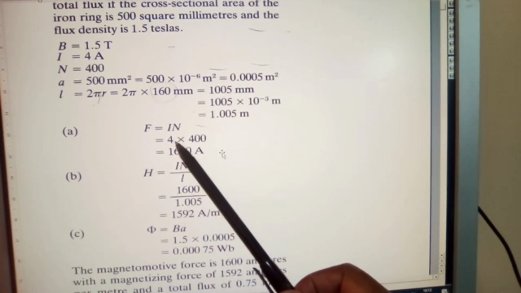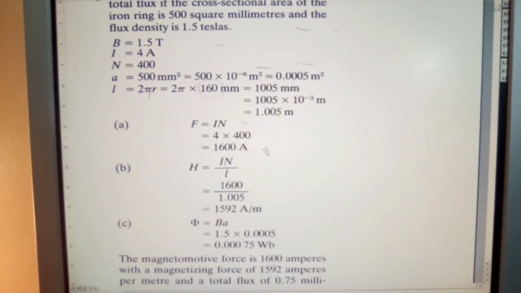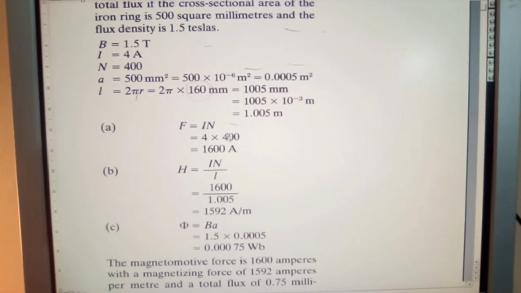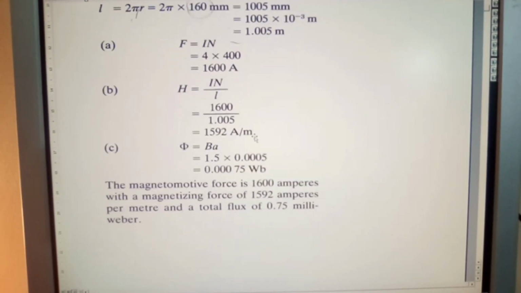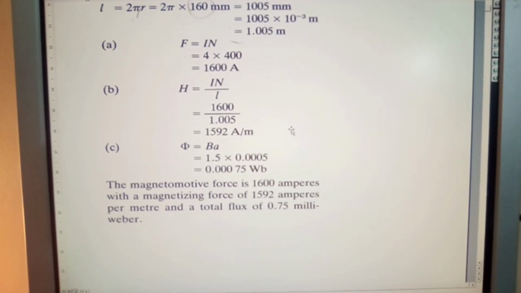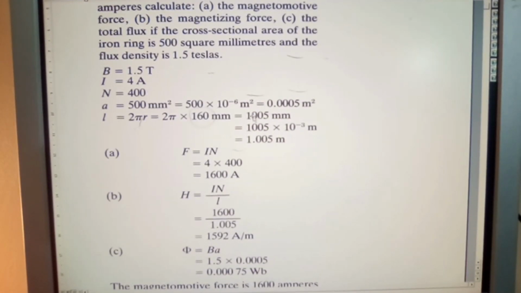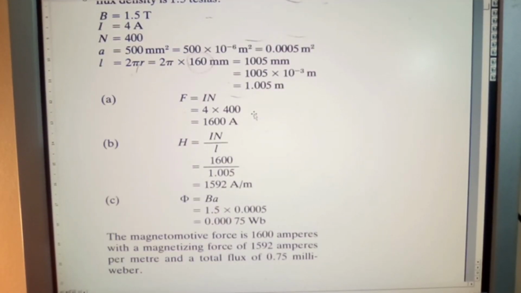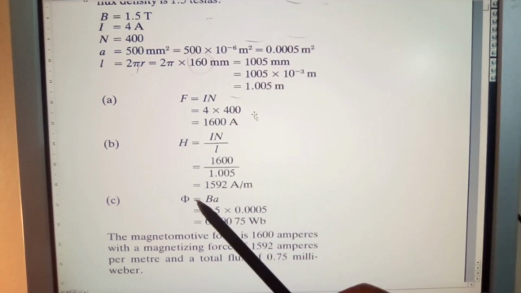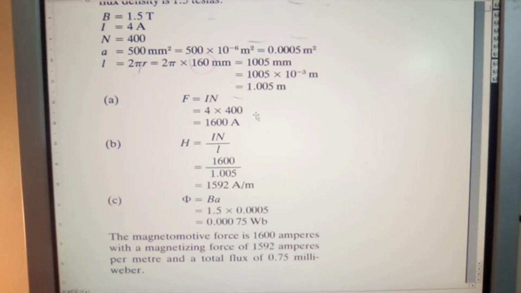You could look at this carefully, because I want to make sure that I've got this right, because I'm thinking of something else in my head at the moment and just need to be sure that I have not missed it out. So it's important that you yourself look at this to be sure that you have got the right reference. And here we're looking for part B, the magnetizing force, H. And that's 1592 amps per meter.